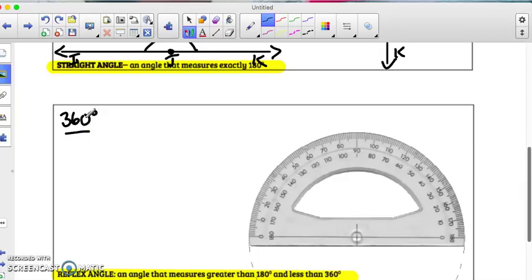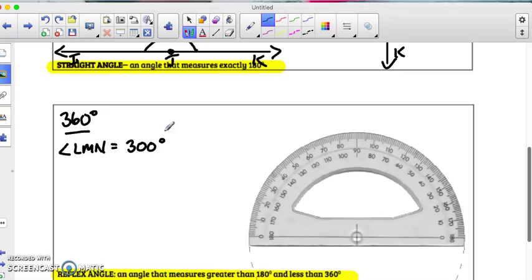So if you want to pause the video and think to yourself, how could I construct a reflex angle? And here's another challenge for you too. We're going to draw our first reflex angle LMN, and what it's going to be is that it's going to have to measure, let's say, 300 degrees.